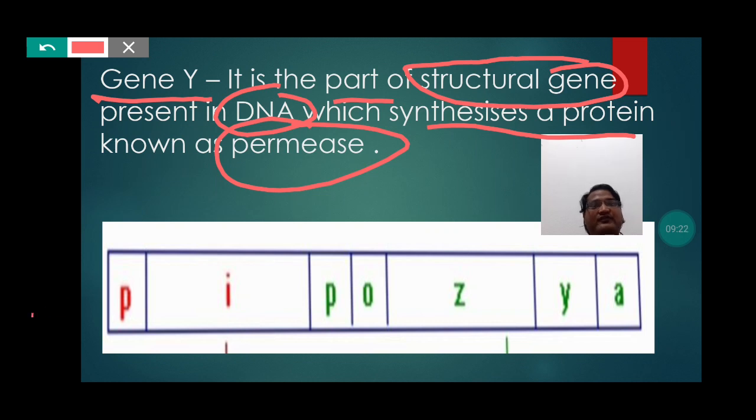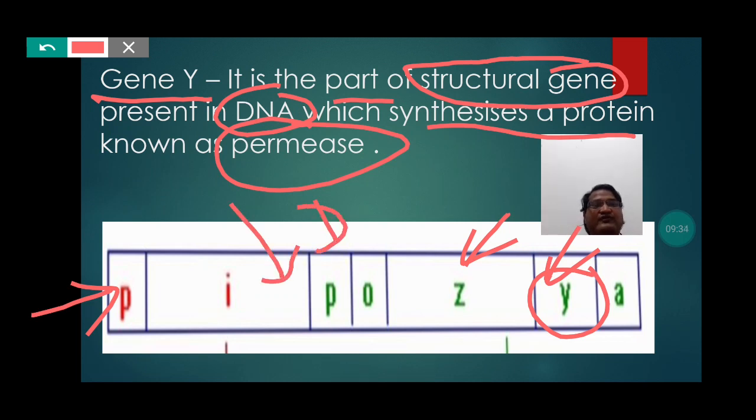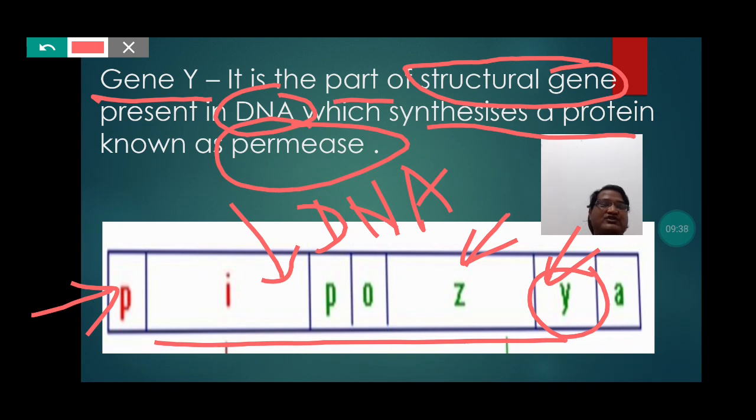If you concentrate on this picture, you will be able to find the Z gene and the Y gene. So students, this is the Y gene which remains present on the DNA. This whole strand is the strand of DNA on which Y gene remains present and which forms a specific protein called permease protein.